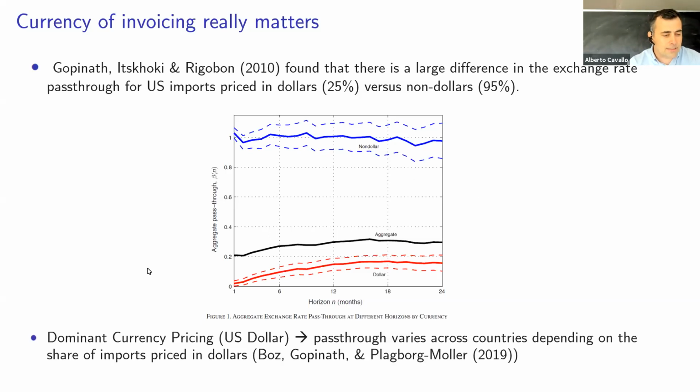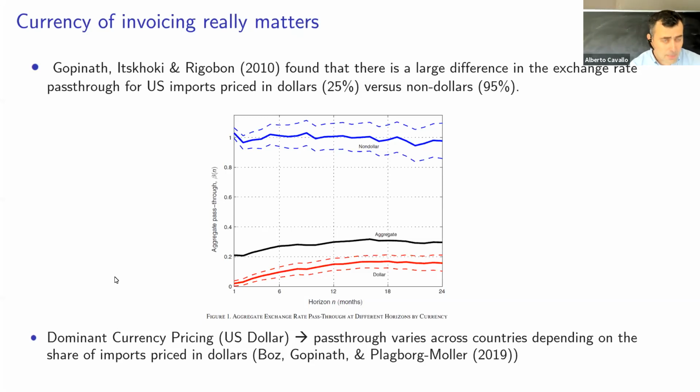So it led to all these subsequent papers on dominant currency pricing, and Gita has many papers on that. I'm just listing here one of the latest ones, but the idea was that a share of the variability that you observe in the degree of pass-through is closely related to the share of imports that are actually priced in this dominant currency, which is the US dollar.